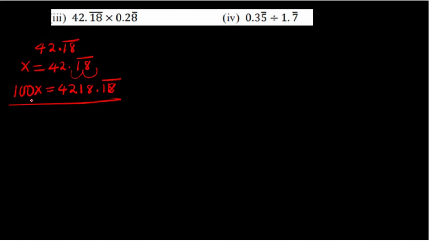So 100x minus that, it is 99x. So how about the other one? 4218 minus 42, so you have 4176 divided by 99.